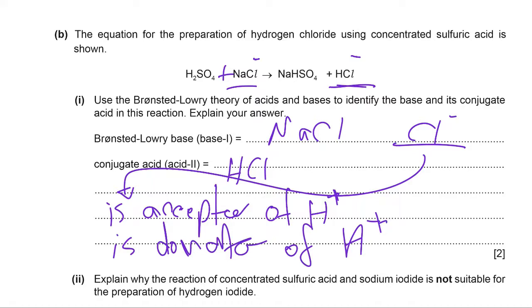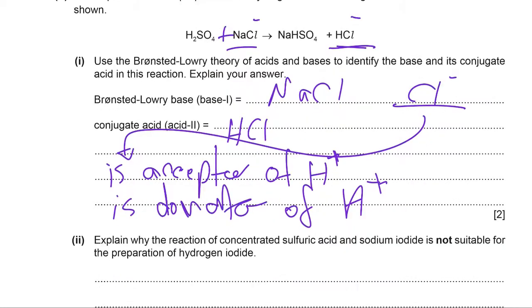According to the Bronsted-Lowry theory, the one which will donate the H plus is the acid, and the one which will accept this H plus will be considered the base.